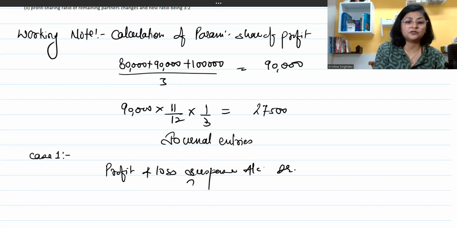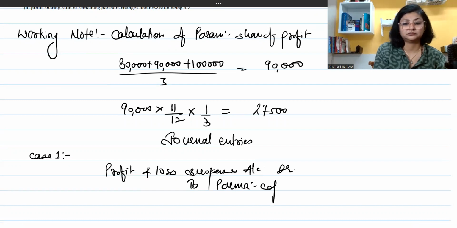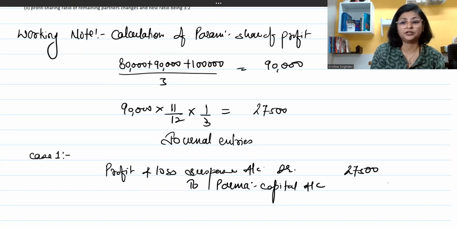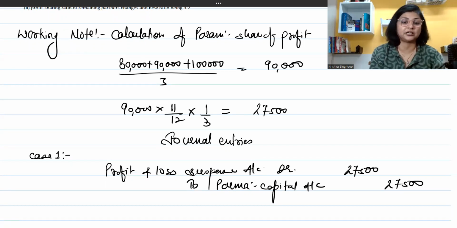It will be debited to Param's capital account. And the amount is 27,500. And obviously, Param is not anymore alive. So it has to be transferred to his executor's account.